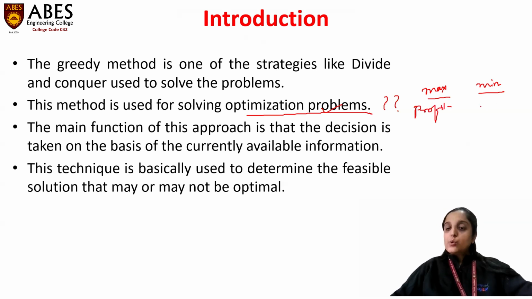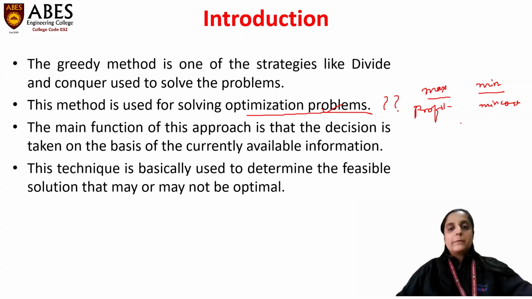If I say that you have to travel this journey in minimum cost, then this is also a greedy algorithm, because at the end you want to achieve something minimum or something maximum. This makes greedy so special. But greedy means lalchi, so what comes best to my mind in that particular situation is the best solution for me. But I don't know whether that solution is actually the best solution or not. That is the major disadvantage of using this technique. But we're going to discuss disadvantages later.